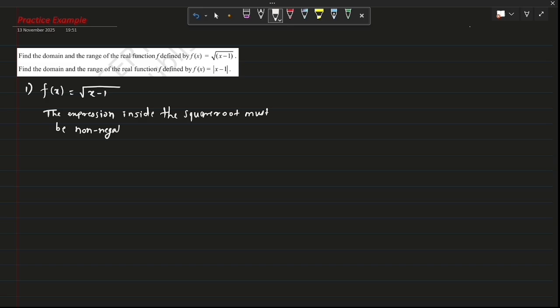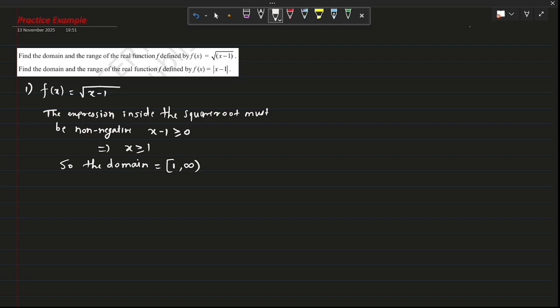That means x minus 1 must be greater than or equal to 0. So this implies x must be greater than or equal to 1. So the domain of the first function is 1 to infinity. Since 1 is included, I'm taking the closed side at one end and open at the other end.